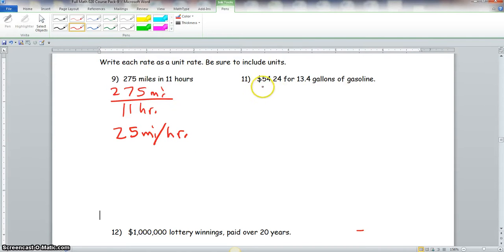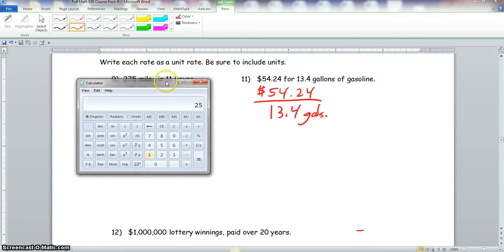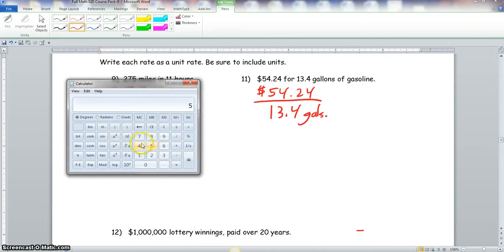Now we look here at number 11. We have $54.24 divided by 13.4 gallons. Now, we'll take our calculator again. We will have here 54.24 divided by 13.4, which gives us this long decimal, and we'll just round to 2 decimal places because that's what our dollars are in.